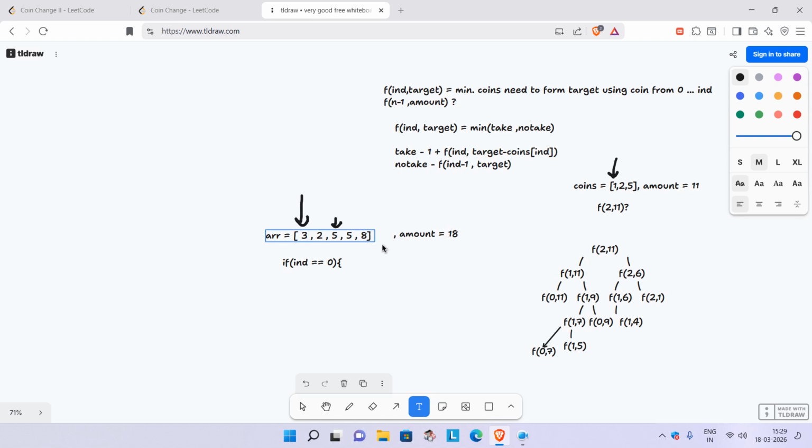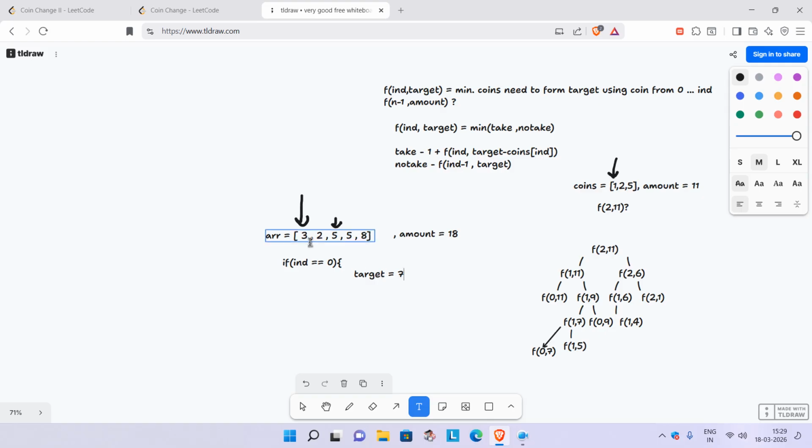Since I have to start from it, we reach the 0th index, and let's say the target remaining here is 7.